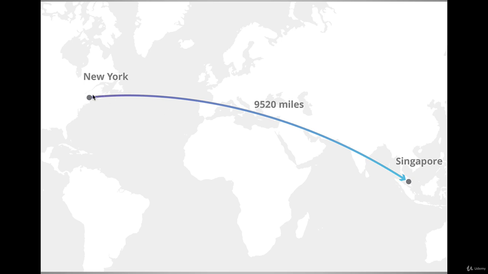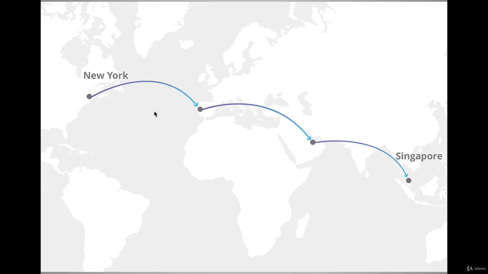A request, let's say I was in New York, to a server that is in Singapore, well, that's a long distance. And a request doesn't necessarily go directly to Singapore. It most often hops from one router to another router to another router until it gets all the way to Singapore. And then finally, they have to send those files back.